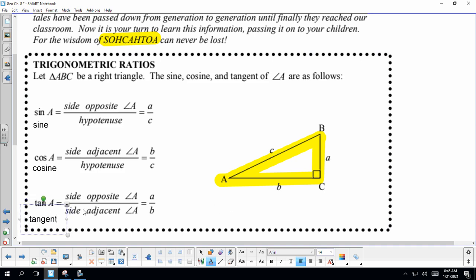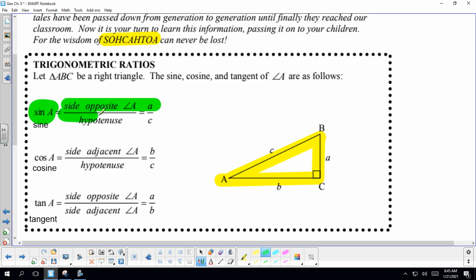And the tangent of angle A is the fraction created by putting the opposite side over the adjacent side. So you guys, please write down these ratios so that you can have them in your notes forever and ever.